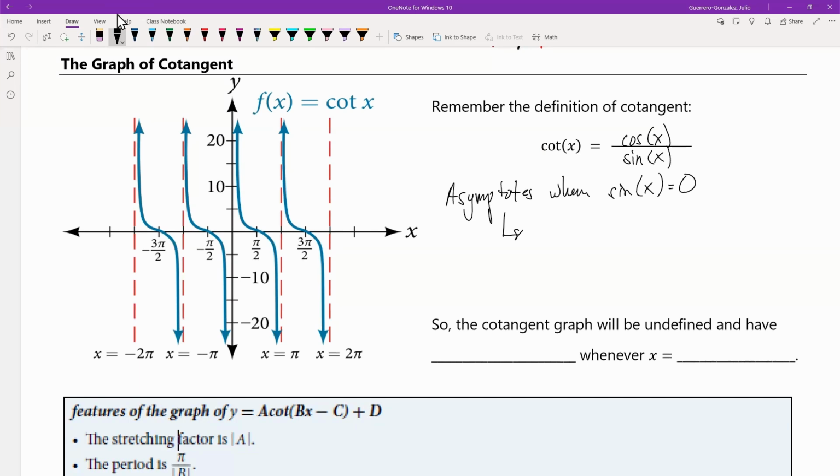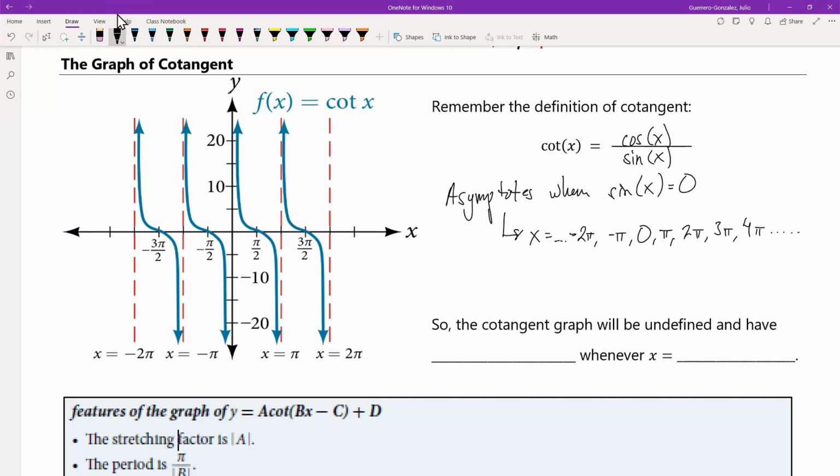And sine of x is equal to 0 at these values right here. When x is equal to, I'm going to start from the middle, 0, pi, 2 pi, 3 pi, 4 pi, and so on and so forth in that direction. And if you go in the negative direction, negative pi, negative 2 pi, and so on.